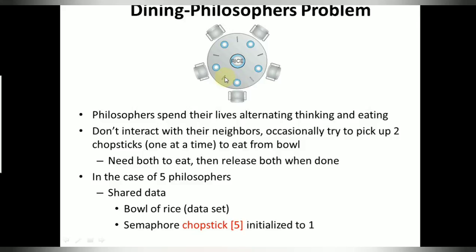So the philosopher needs both the chopsticks to eat. Once the philosopher gains access to both the chopsticks, only then he can begin eating, and after he has completed eating, he has to release both the chopsticks.